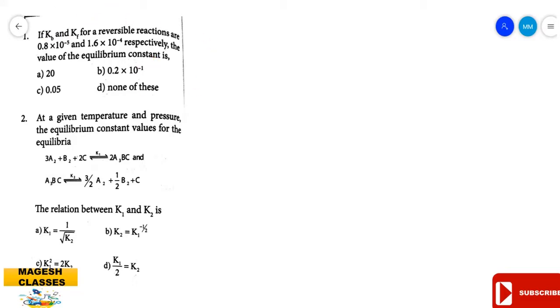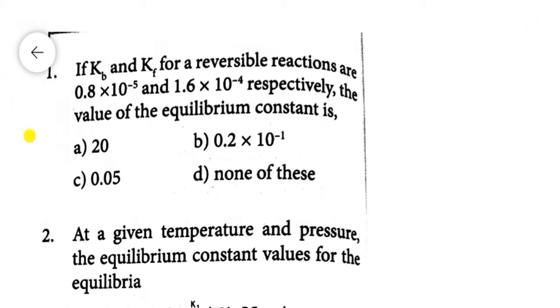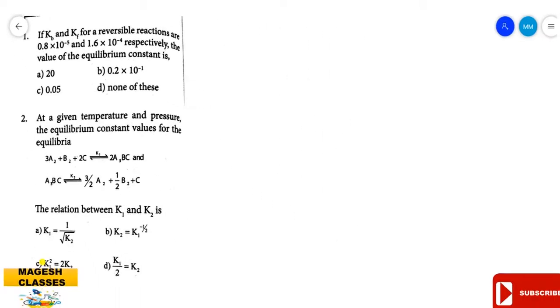Question number 1. If Kb and Kf for the reversible reactions are 0.8 into 10 power minus 5 and 1.6 into 10 power minus 4 respectively, what is the value of the equilibrium constant Kc?